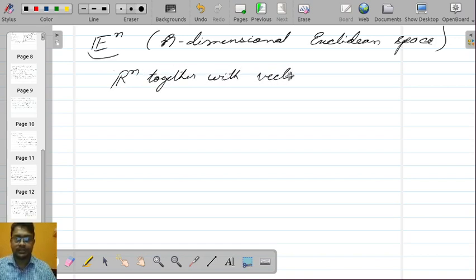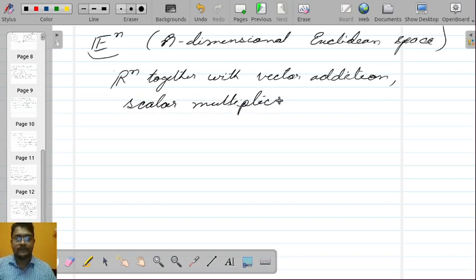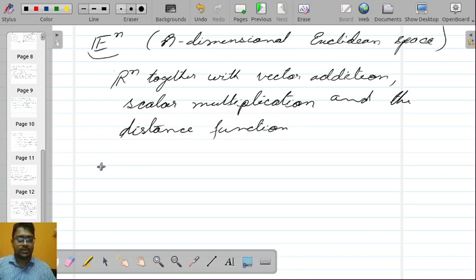vector addition, scalar multiplication, and the distance function. Why do we say distance function? I had written it as d of x, y or mod of x minus y.